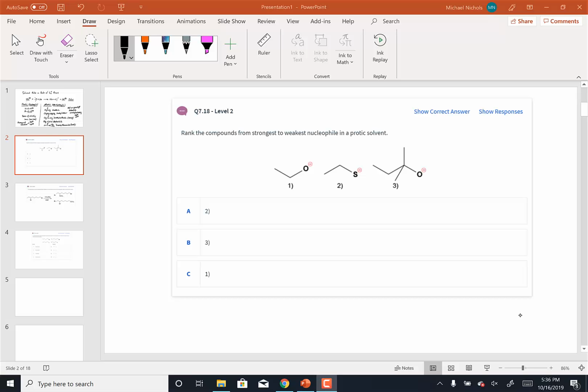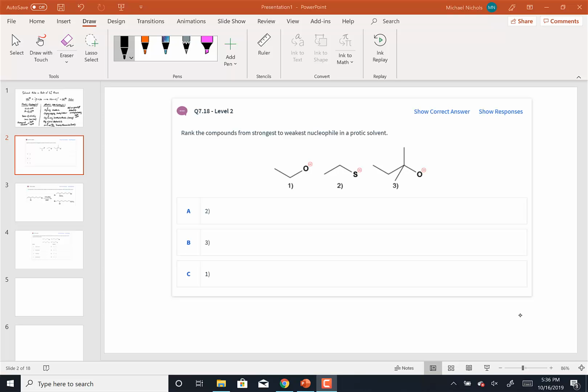Okay, this question asks to rank these three nucleophiles from strongest to weakest in a protic solvent. I don't know that the protic solvent plays any real issue here. What does play an issue is going to be two things.